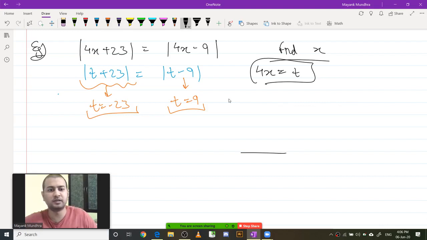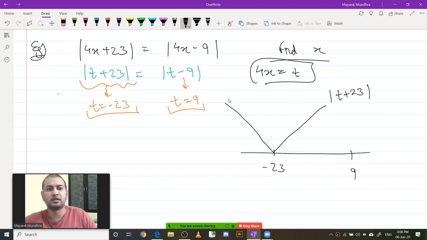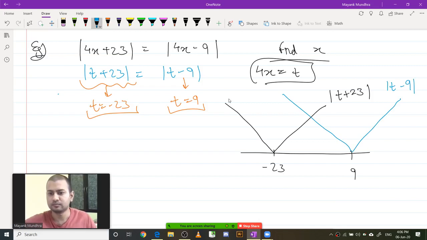On a real number line, let's say this is minus 23 and this is 9. This is the graph of mod of t plus 23, and this is the graph of mod of t minus 9. So there are two critical values here.